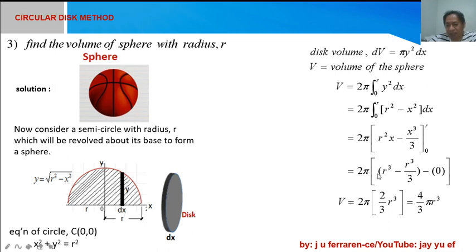So simplifying or combining 1 minus 1/3, this is 2/3 of r cubed. The 2/3 of r cubed, if multiplied to 2π, will give you the formula for the volume of the sphere, which is equal to 4/3 π r cubed. So this is a derivation of the formula of the volume for a sphere.